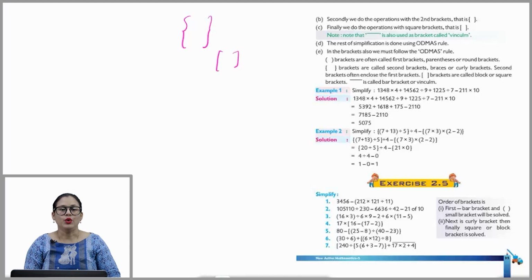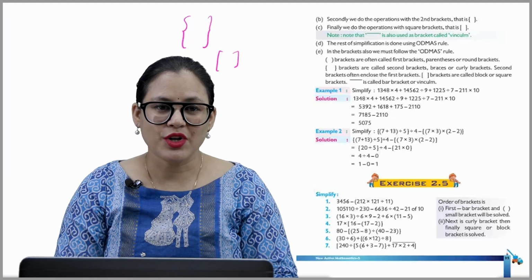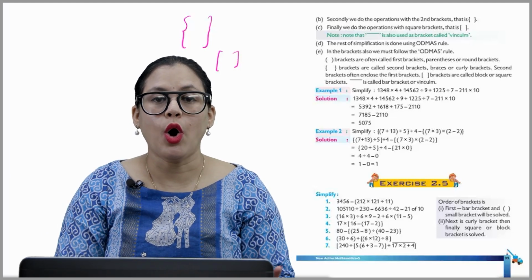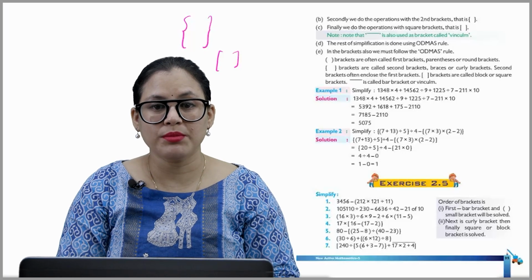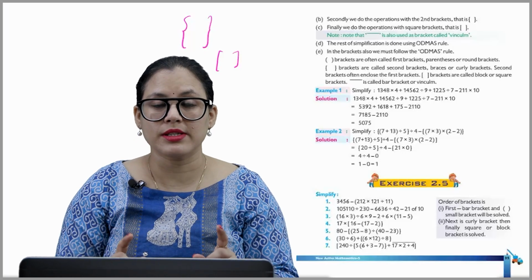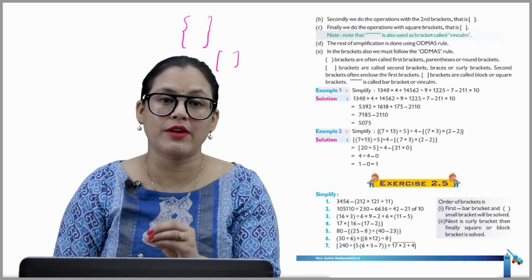Notice that this bar is also used as a bracket called vinculum. The rest of the simplification is done using the BODMAS rule. In the brackets also we must follow the BODMAS rule. If there are numbers in a bracket, then there also we have to follow this rule.